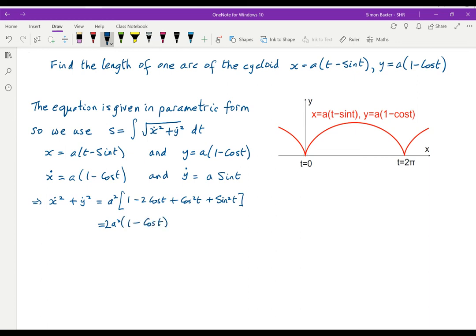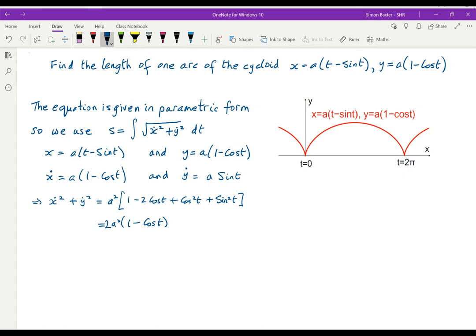Cos squared plus sine squared is 1, plus 1 makes 2, which I've taken out, leaving 1 minus cos t. Remember, this is going to be under the square root sign. And it would be very nice if the 1 minus cos t was a nice square.